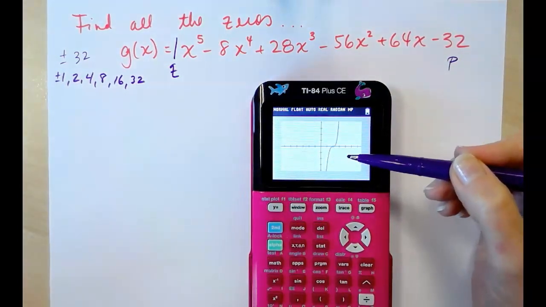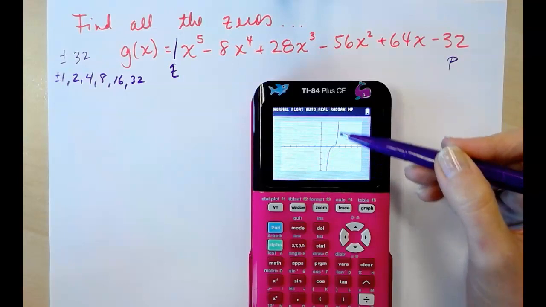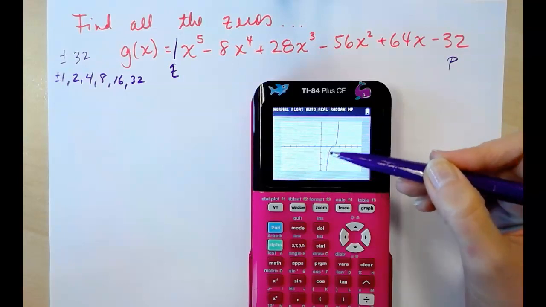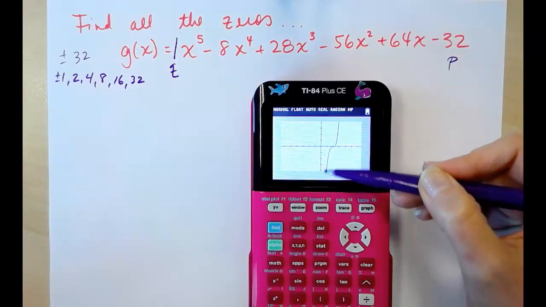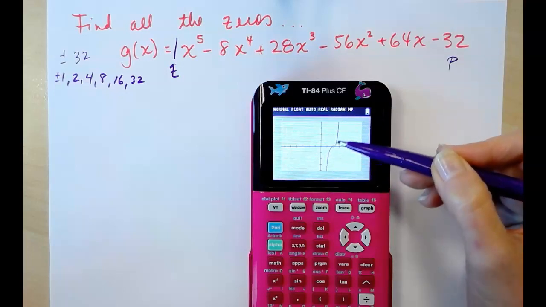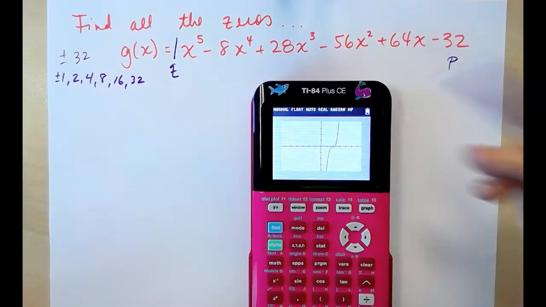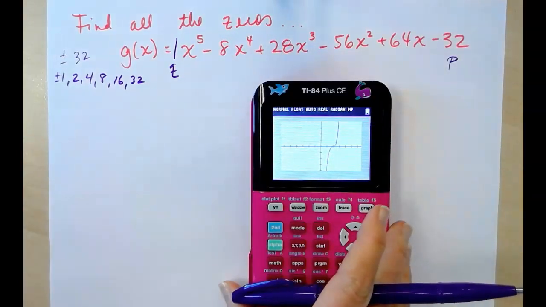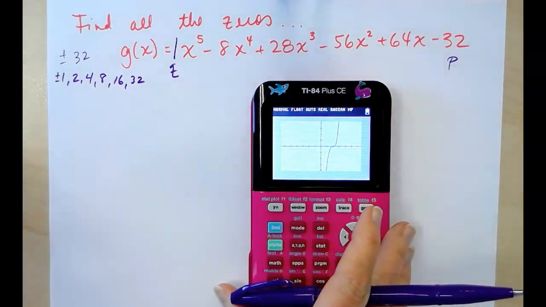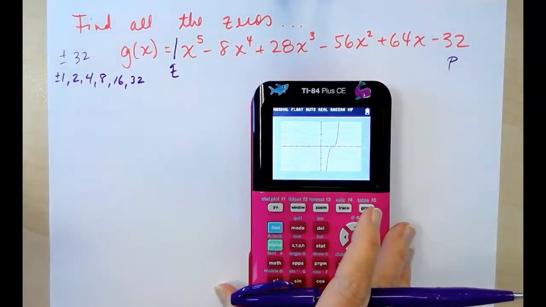Here's the graph, and check out what appears to be a cubic function. This is a cubic function passing through positive 2. What that means, and it doesn't bounce here, so it's not an even multiplicity.